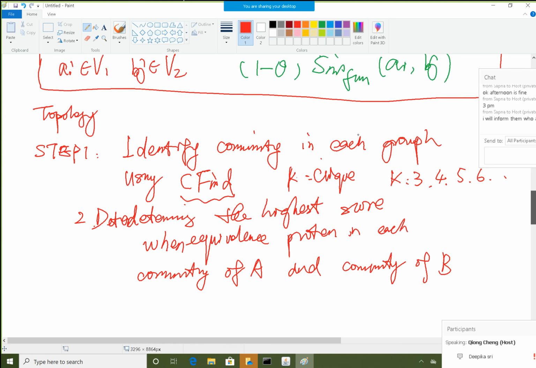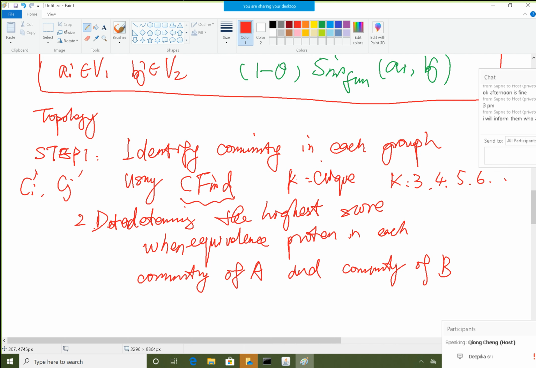And CI corresponding to one of the cliques in the community in the graph A. This belongs to V1, right? So it should be written down in this way. Okay, the space is not enough.